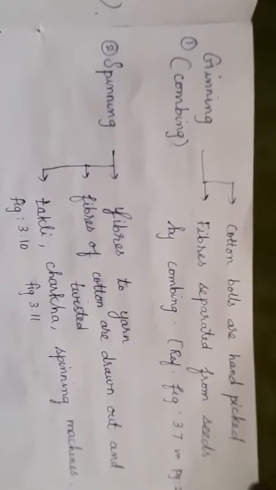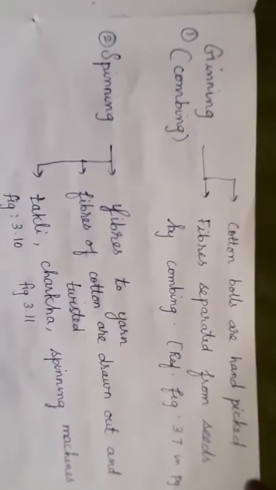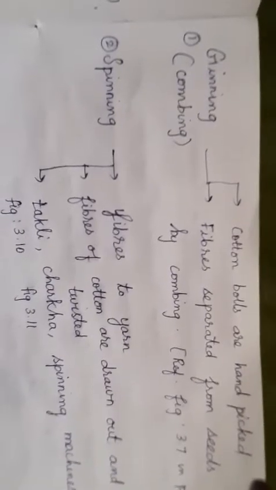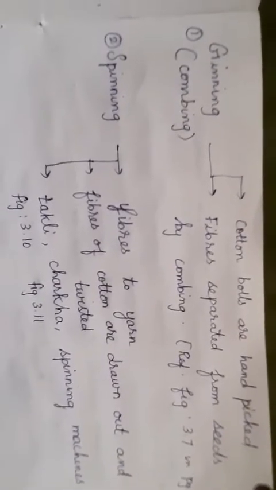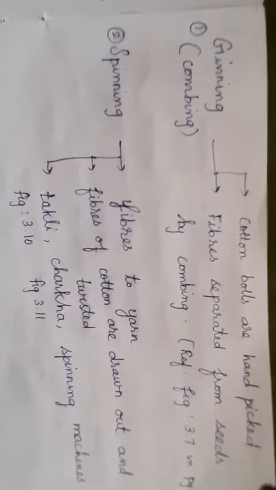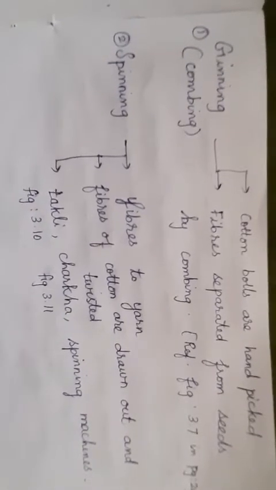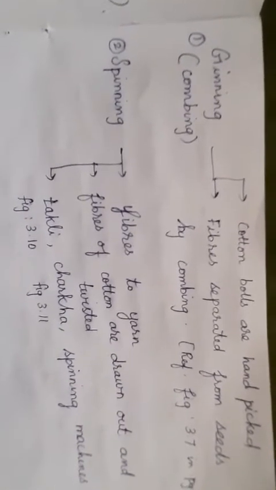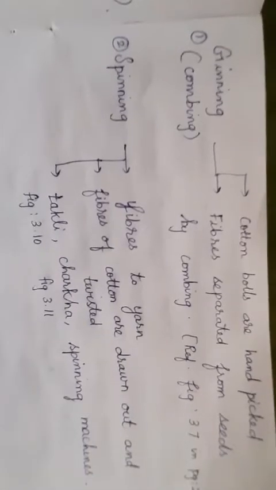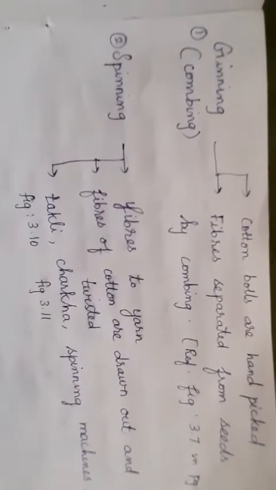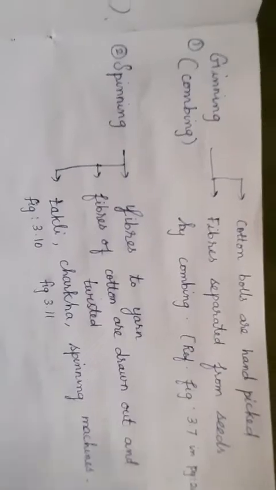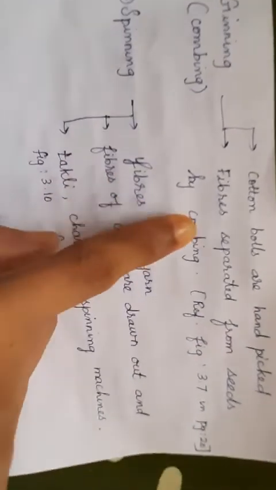Combed means the flowers will have seeds, right? Your fruit you are eating, mango. Mango will have the seed inside, right? So similarly, the cotton bolls also will have seeds inside them. I am going to separate the seeds from the cotton bolls and separate the cotton fibers alone through the process of combing.